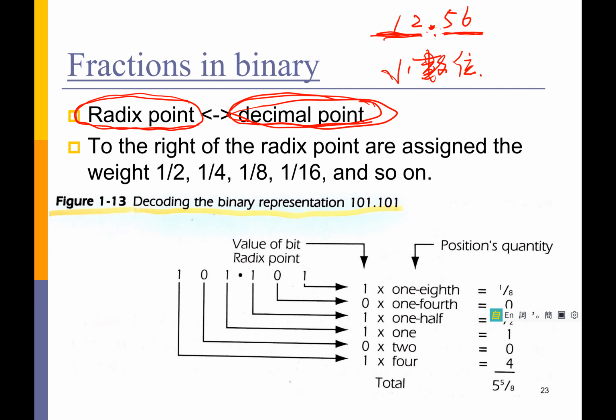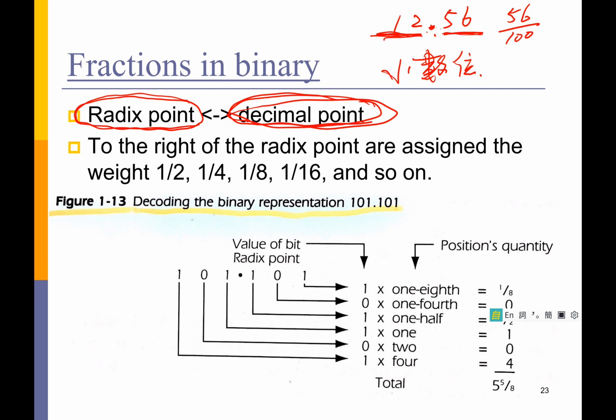This part is the fraction. It is what? 56 divided by 100. Okay? Now, the radical point is similar to the decimal point in the decimal system.